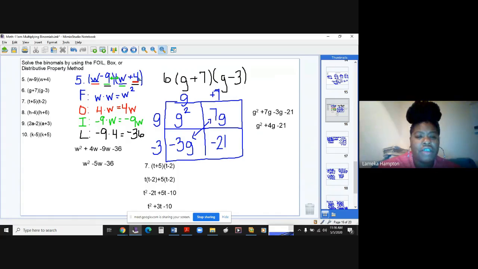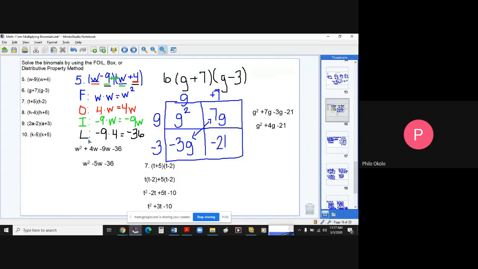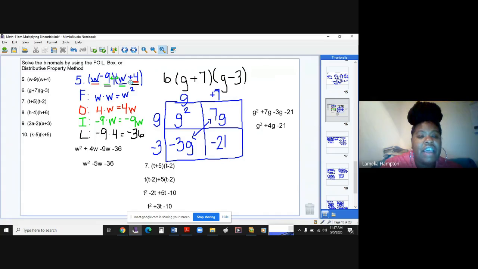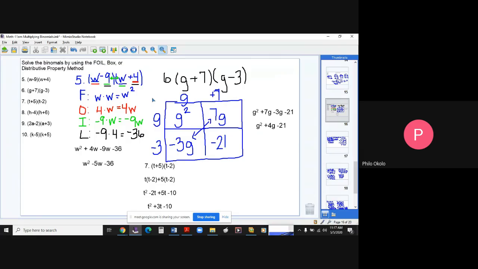Okay, so I have 4 and W. I am also going to use I for inner because I have -9 here and W, and these two are the inner terms that I'm using here. And then last is for L, and I am using -9 and 4. So as you can see, I'm using these terms twice, but it's just depending upon where they land as it relates to FOIL.